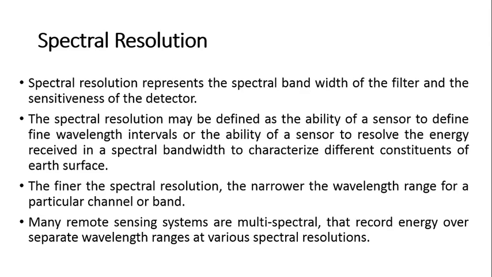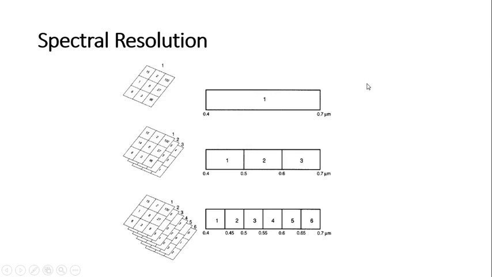Recently developed hyperspectral sensors, which detect hundreds of very narrow spectral bands, are also available. Hyperspectral images contain more information compared to multispectral images, but they have a limited spatial resolution.